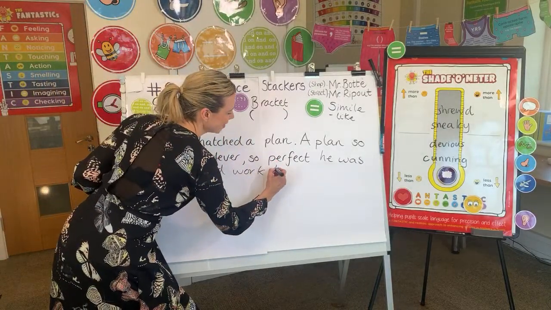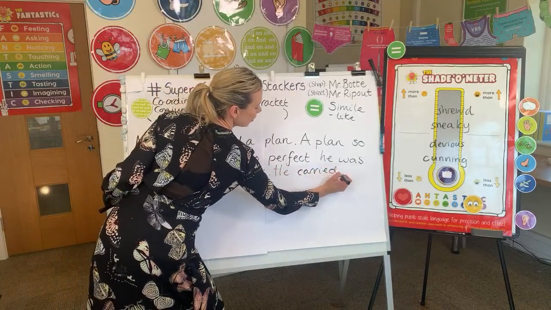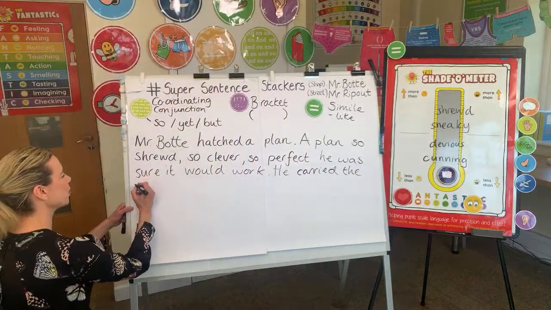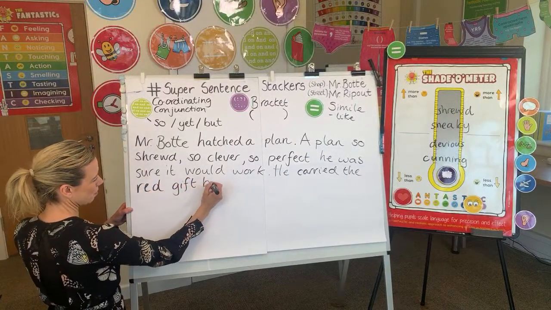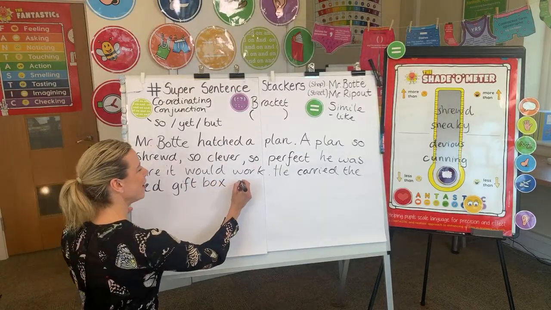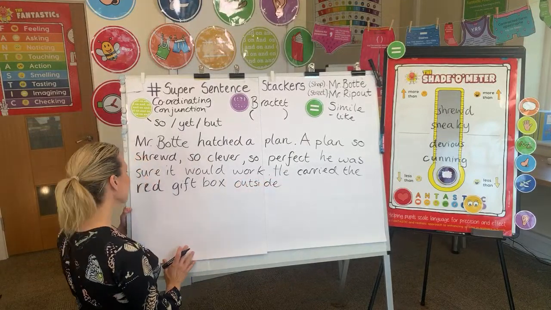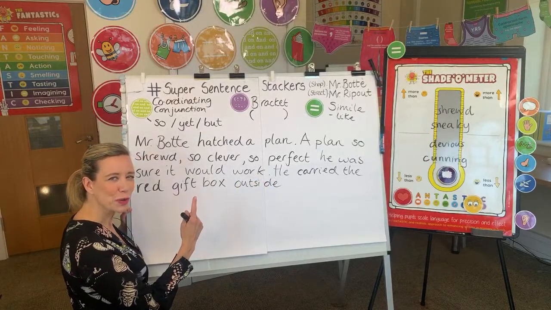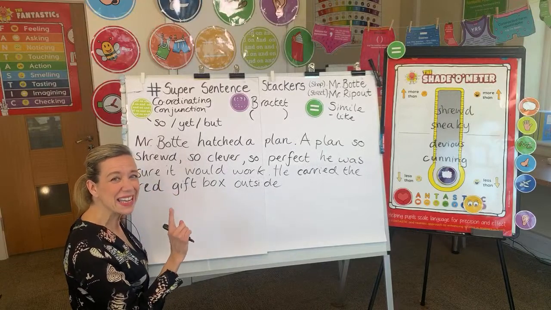He carried the red gift box. Gift is a nice word. He carried the red gift box outside. I now want to emphasise something to the reader, that it's not really a gift.